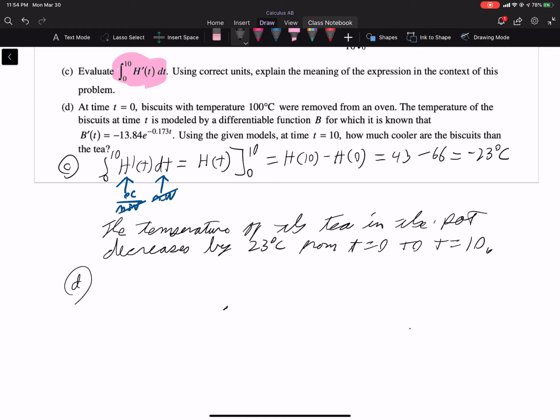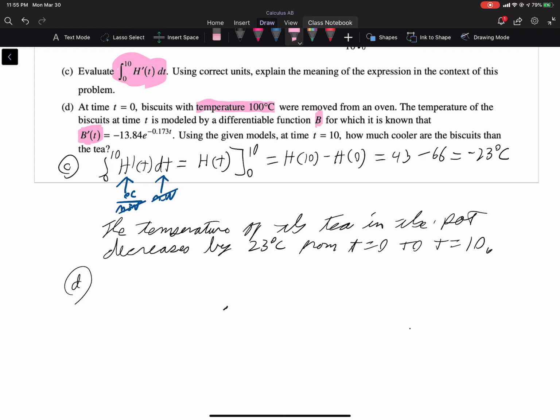Part D. At time t equals 0, biscuits are at a temperature of 100 degrees, and they're in the oven. The temperature of the biscuit at time t is modeled by differentiable function B. So B is the temperature of the biscuit, and B prime is the rate of change of the temperature of the biscuit.